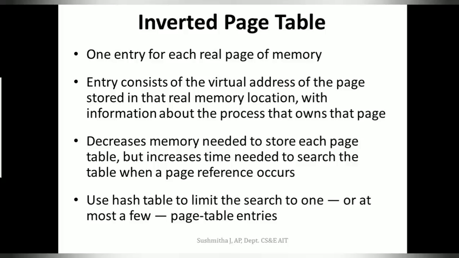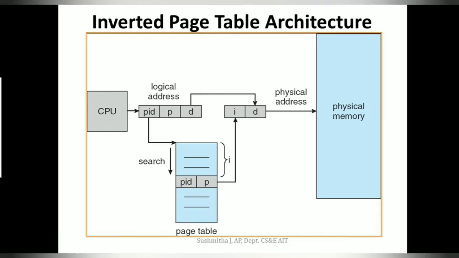In the inverted page table, we have additional information about a process in the page table, that is the process ID. So the logical address contains 3 entries: the process ID, the page number, and the offset. What happens in the inverted page table?